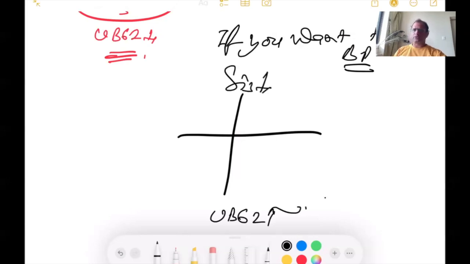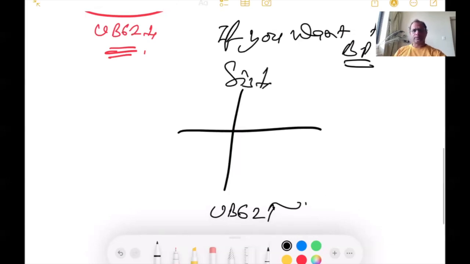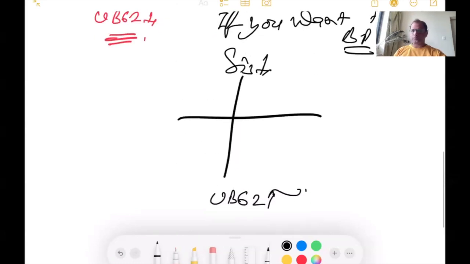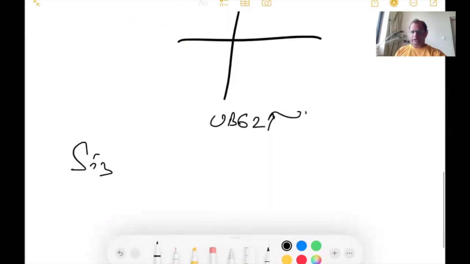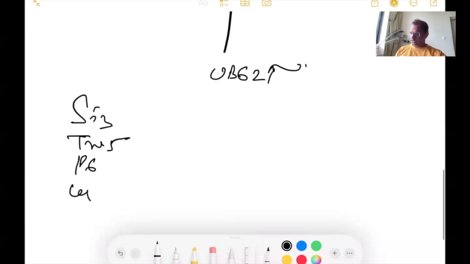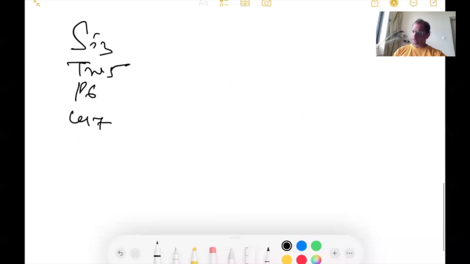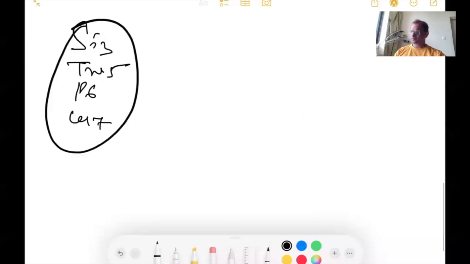Generally, in the extraordinary vessels, we have 4 points on the upper side and 4 points on the lower side. On the upper side: SI3, triple warmer, pericardium 6, and lung 7. These are all in the hands.